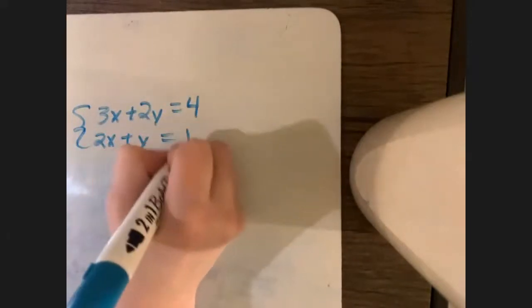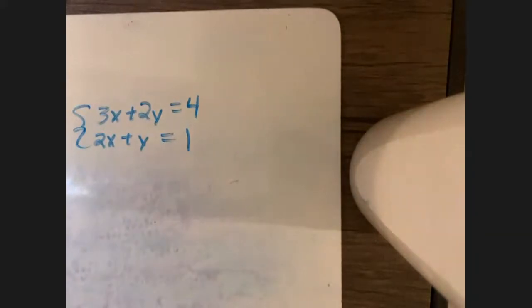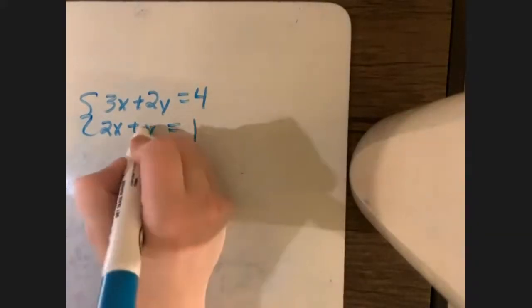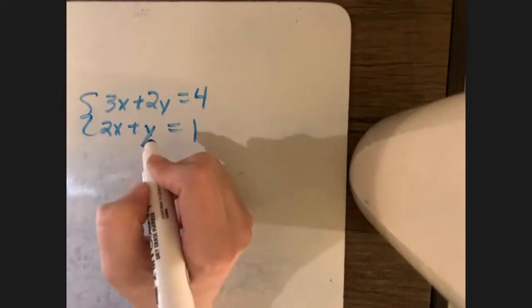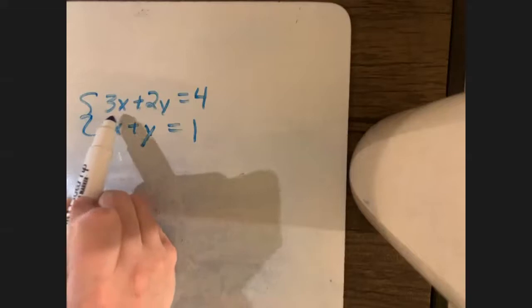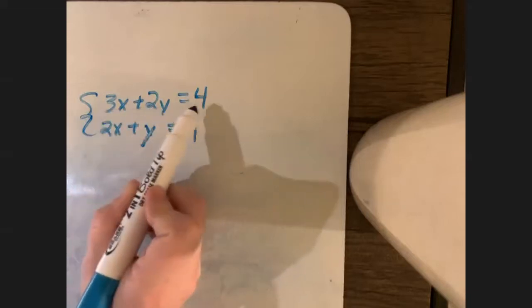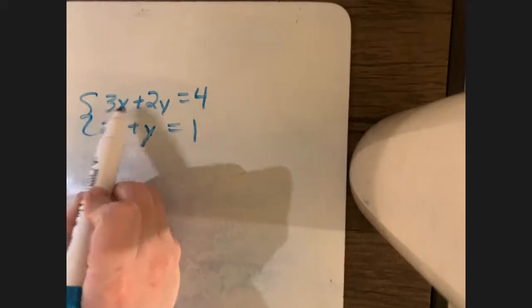Okay, here we go. All right, so let's look at an example of one of these. So we're going to do 3x plus 2y equals 4 and 2x plus y equals 1. Now, talking through my mental process: when I look at this first one and I see 3s, 2s, and 4s, the first thing I notice is I've got 3s and 2s.